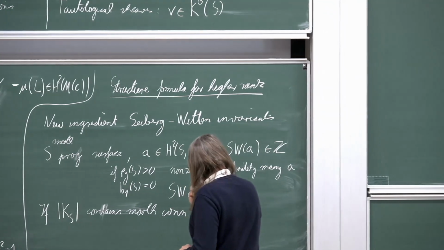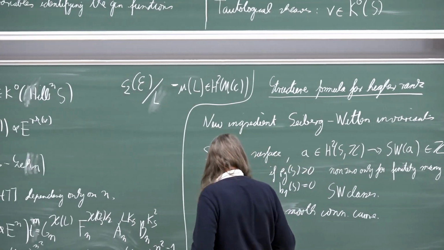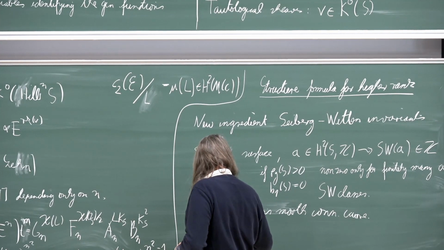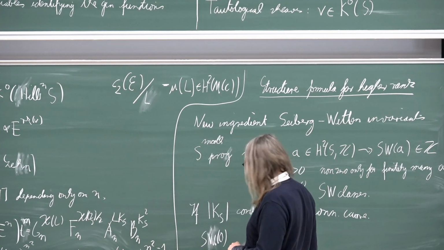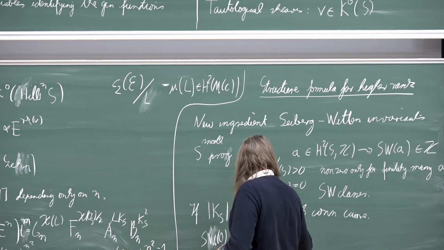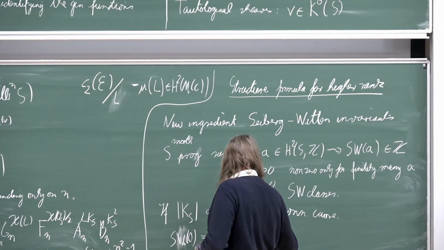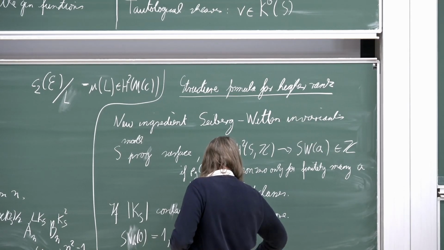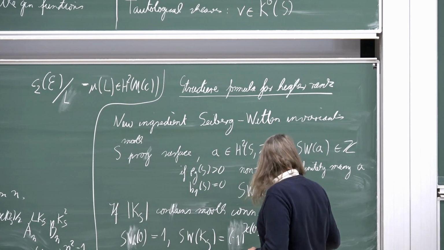Then we find that the Seiberg-Witten invariant of the class 0 in the second cohomology is 1. The Seiberg-Witten invariant of the canonical class is chi of O_S minus 1 for the chi of O_S, and all others are 0.